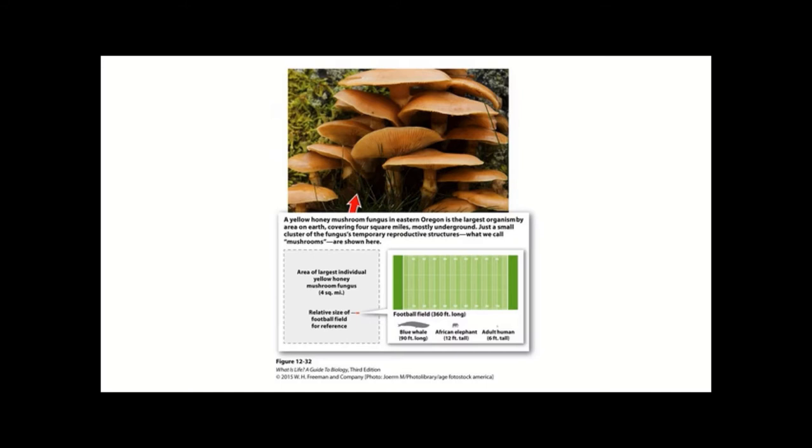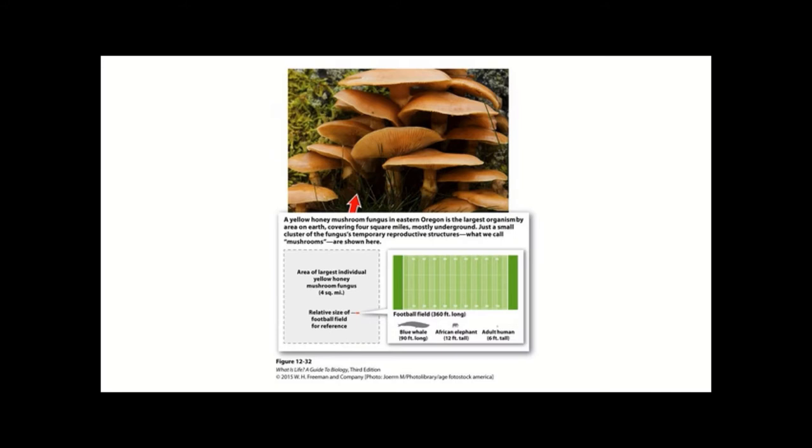So here's the 4 square mile section, and this little red dot is the size of a football field. So that gives you some idea of scale of how big this organism is.